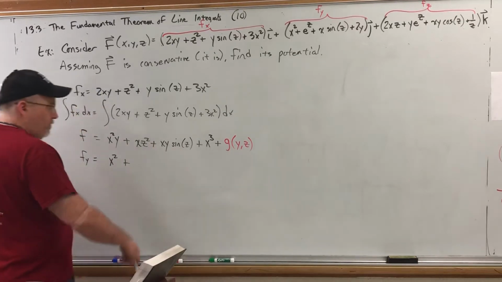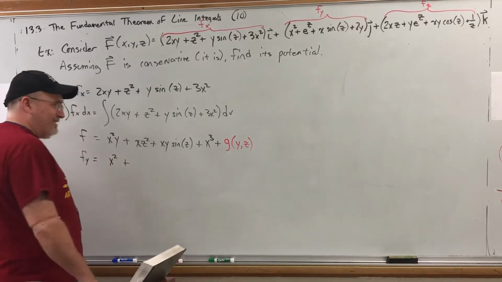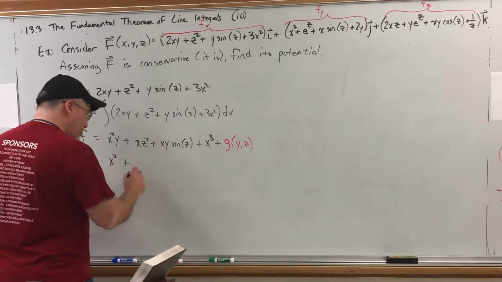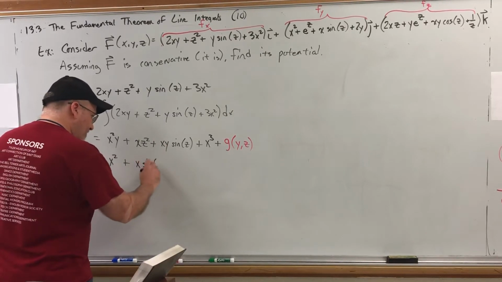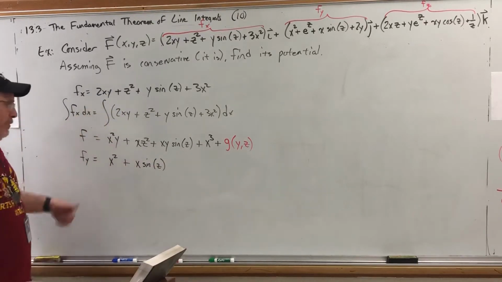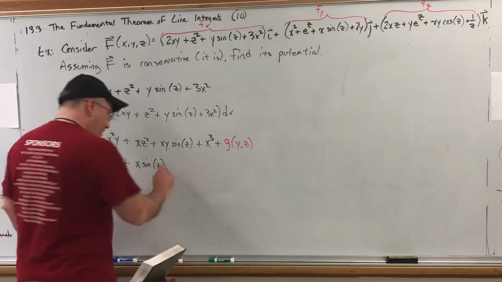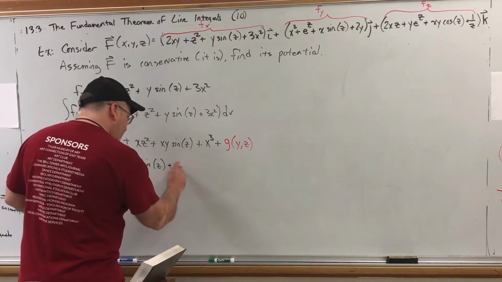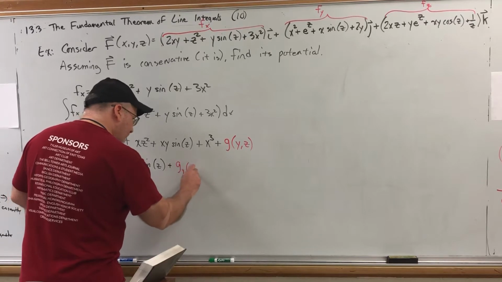The next term, x sine z, is like a constant, so the derivative of a constant times y is just that constant. So we get x sine of z. X cubed with respect to y would disappear, so it's gone. And then over here we have the partial derivative of g with respect to y, of y and z.